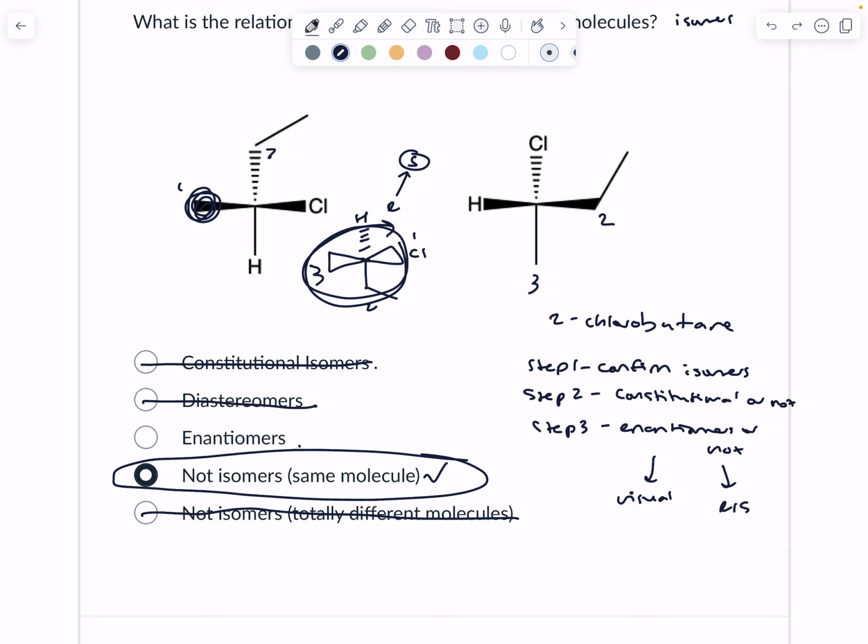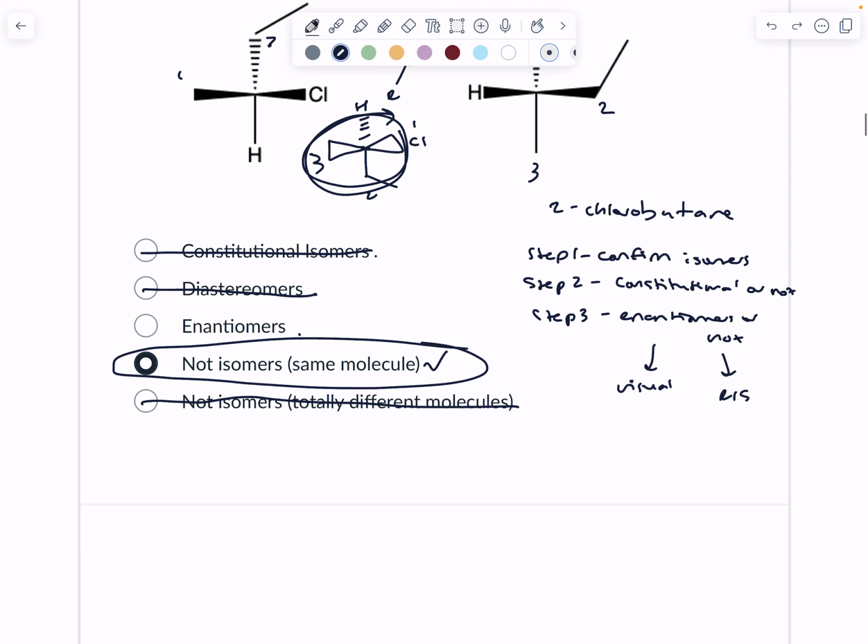Or I guess we'd be rotating to try to get them in the same as the one on the right. Let me think about how we could do that. None of them are the same, so you'd have to rotate a few times. I don't know if I would use that on this one, but if you wanted to, you could start by holding this steady. Yeah, no, this is hard for me to do. So that's why I don't do it this way, and I won't use this as your answer.